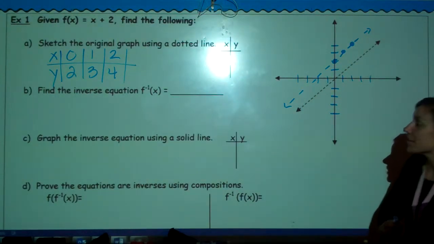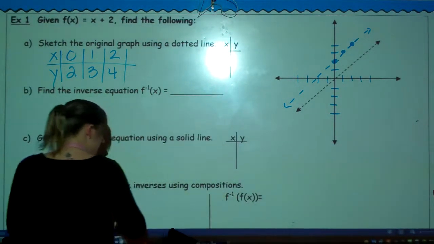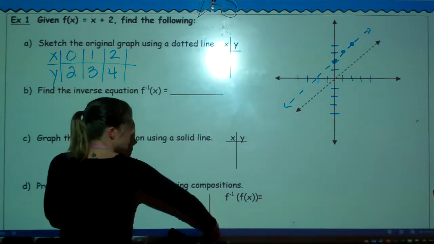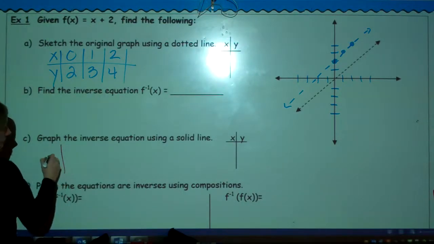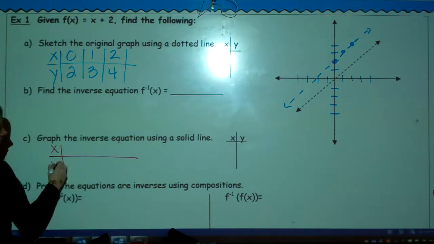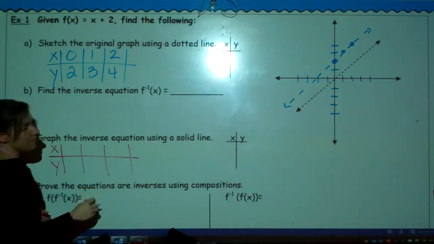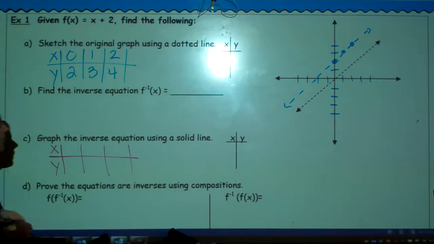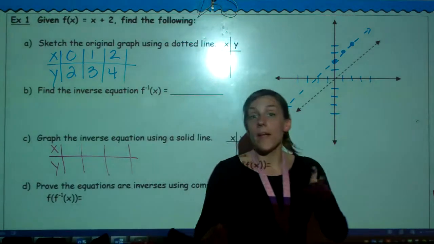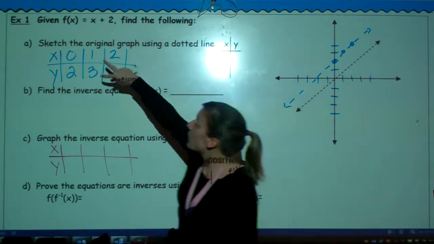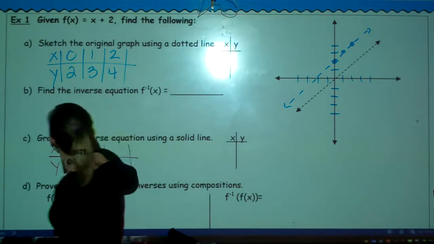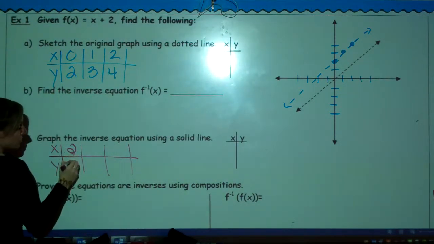Now I'm actually going to skip down here because these relate really closely to each other, and then we'll talk about the equation. I'm just going to write it the same way, rather than using the table. And as it said about ordered pairs, you just switch them. So if this was 0, 2, then the inverse is just 2, 0.